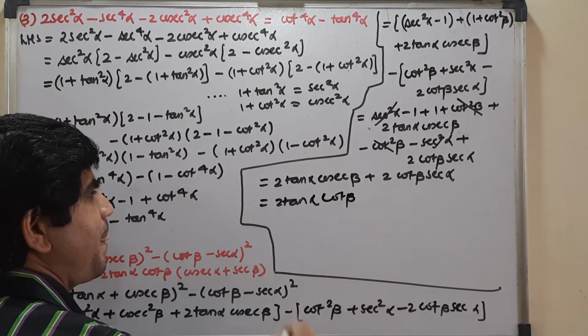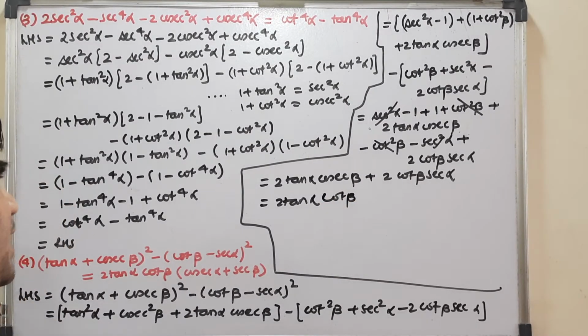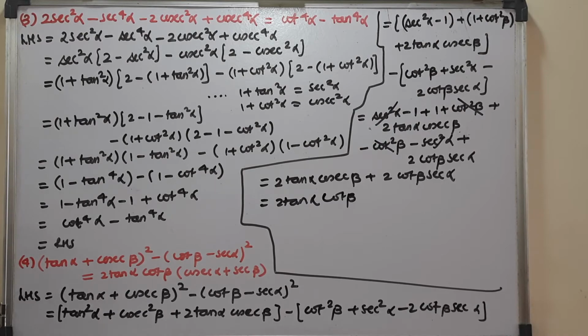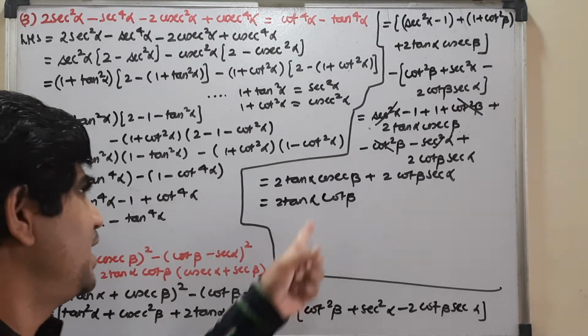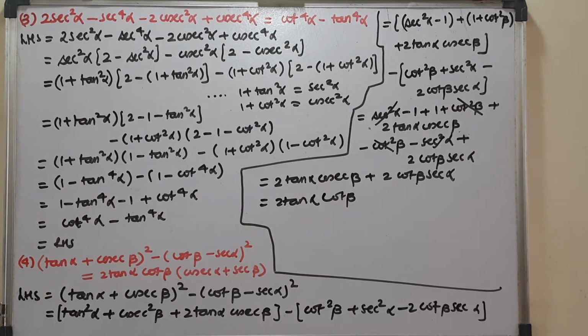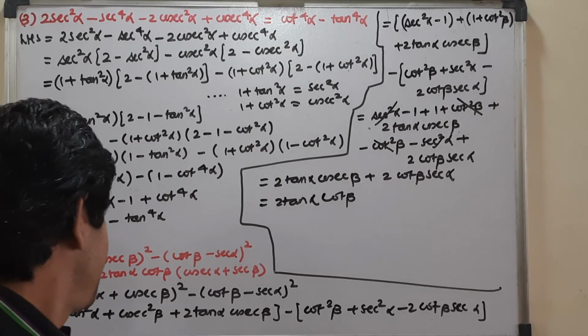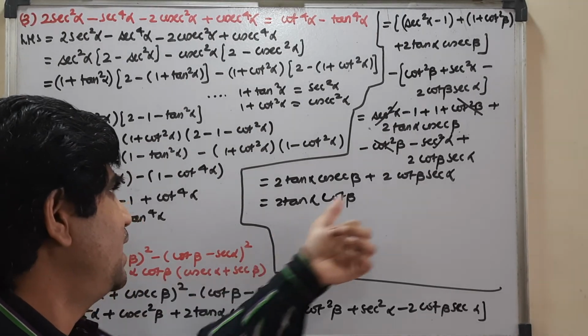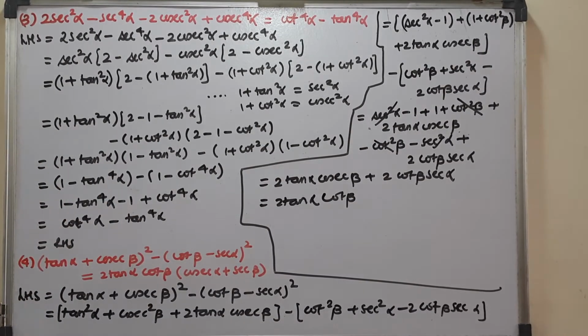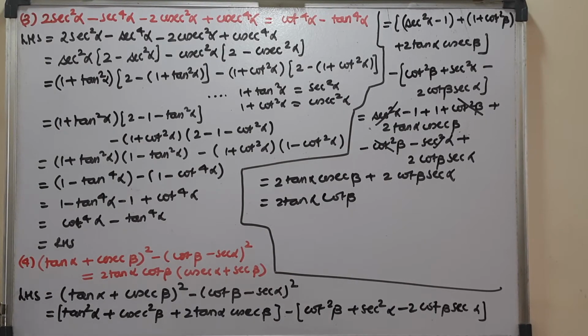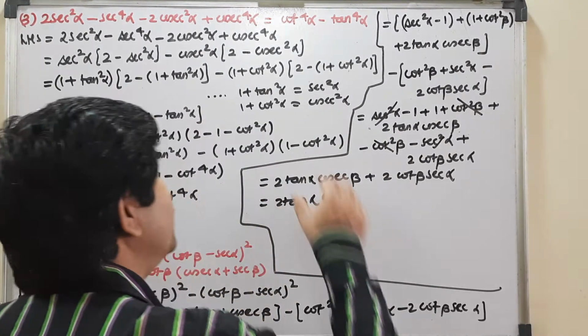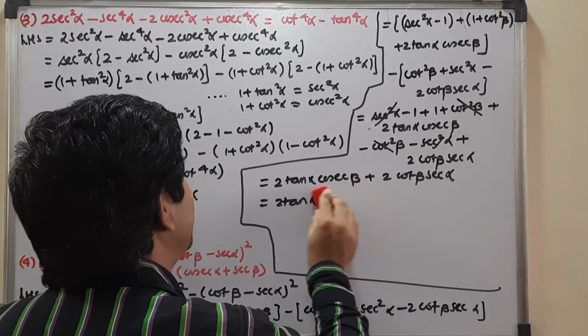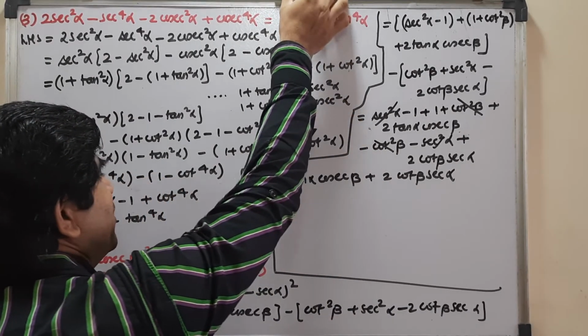So this means that I require cot beta in the first part and I require tan alpha in the second one, correct. Since I am not able to understand what to do, means I can do it but I will not do it because it will create havoc in your brain.